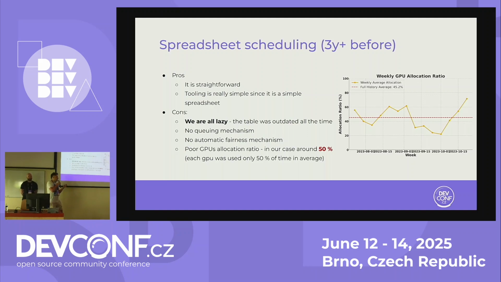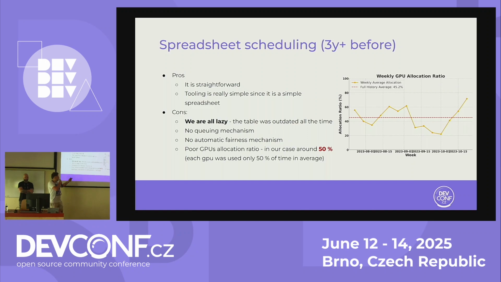And in our case, it was around 50%, which is quite bad, to be honest. You can see it on the graph, where the average allocation is oscillating around 50%. By 50%, I mean that the GPU is idle for 50% of the time.